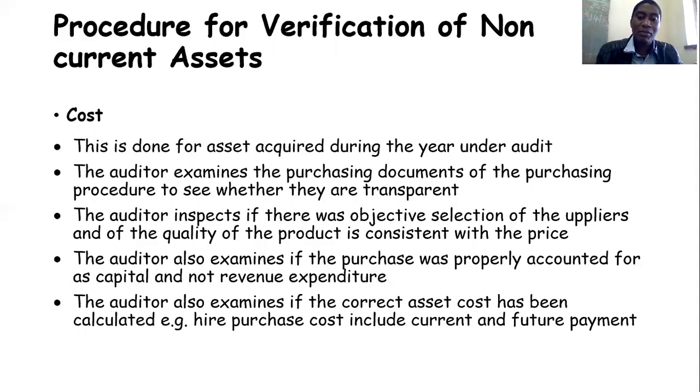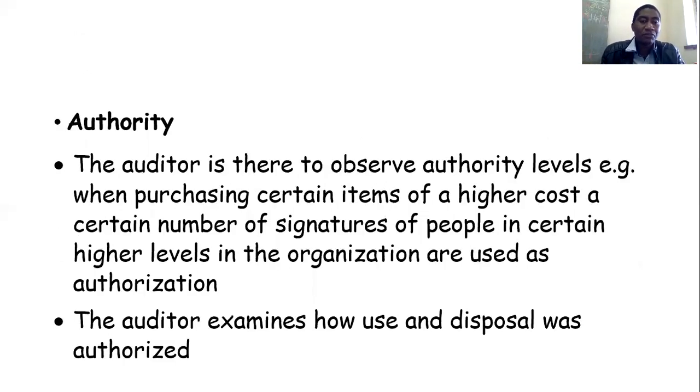The auditor also examines if the purchase was properly accounted for as capital and not as revenue expenditure. And in terms of hire purchase, what happens in hire purchase? How do we examine our assets as auditors? We go to the costs and the current and future payments. That is how we recognize the cost of the asset as auditors.